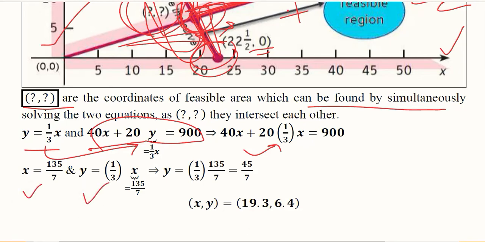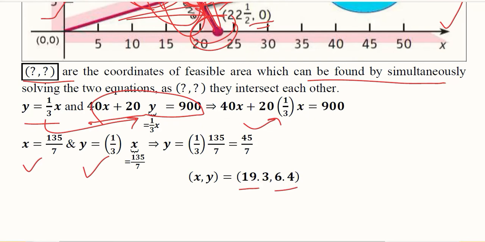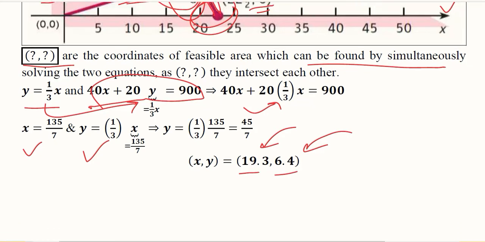The value of x is this and the value of y is this. However, we can already anticipate that the number of workers cannot be 19.3 and 6.4. It has to be a complete number because human beings cannot be in such fractions.